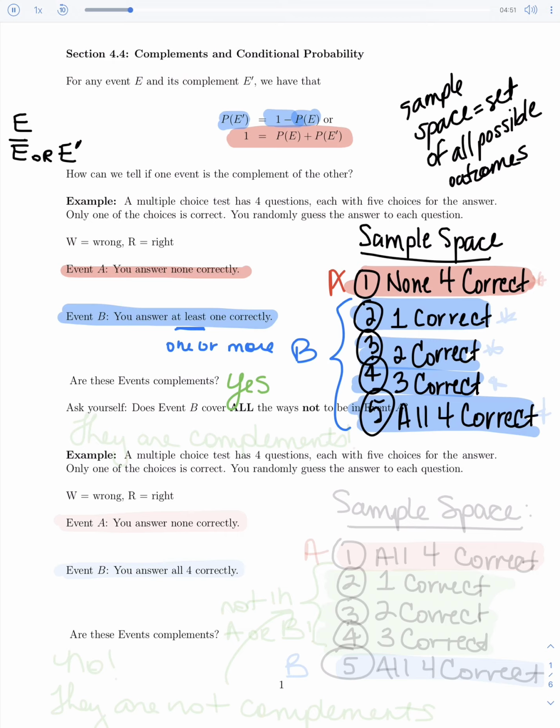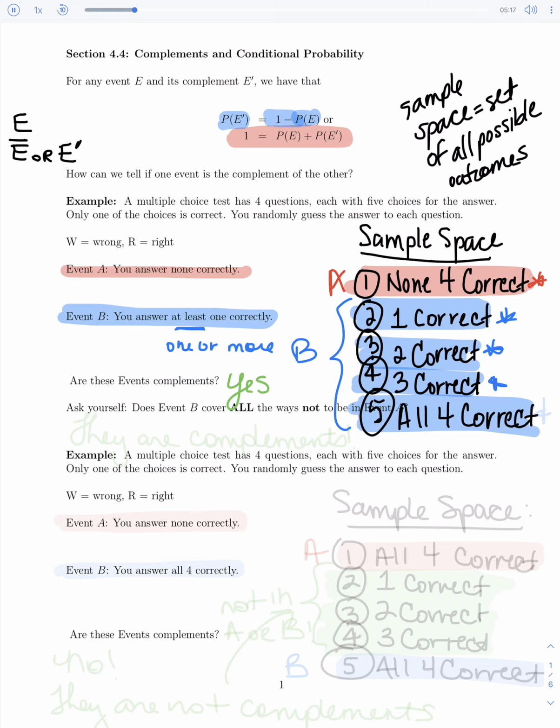Either you're in A, or you're in B. There's no options that are not covered. So for any events to be opposites or complements, they together have to cover all your possibilities without having any overlapping parts. So the idea is if you're not in A, you're in B.